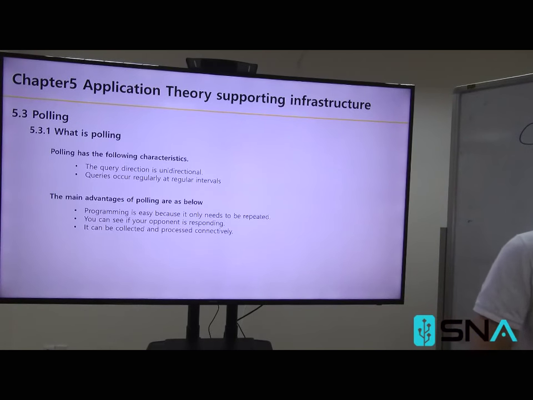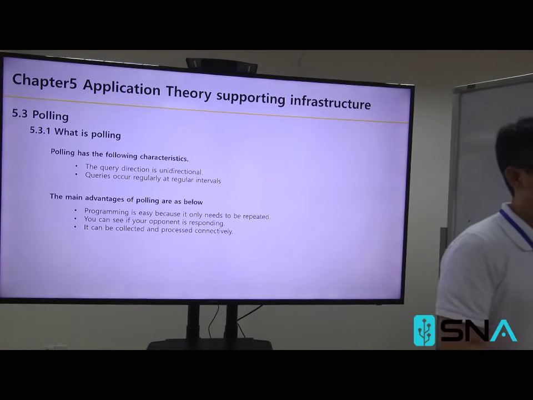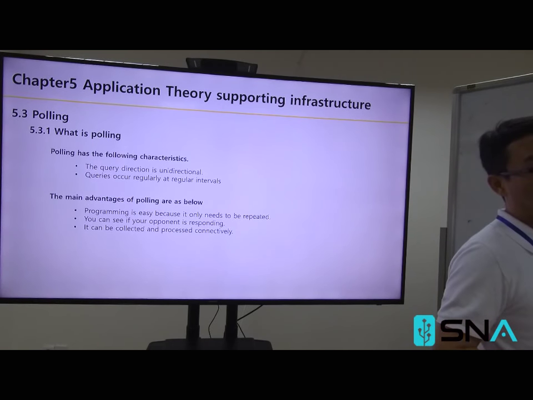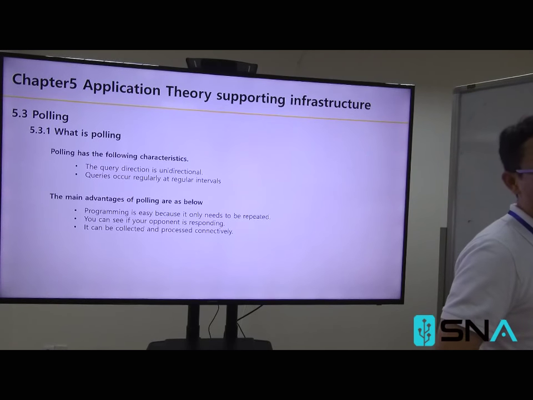For example, when we monitor CPU usage, memory usage, disk usage, this usage changes many times.